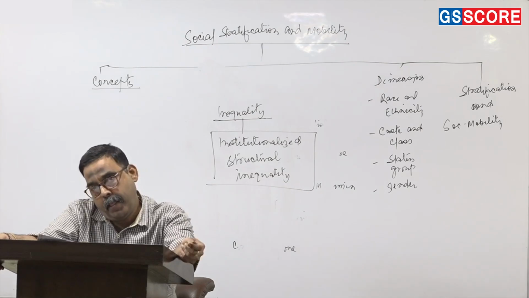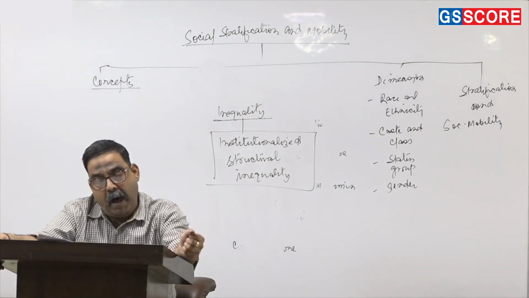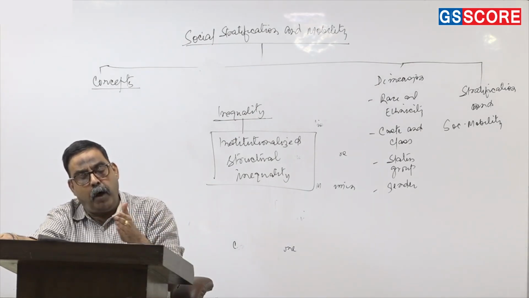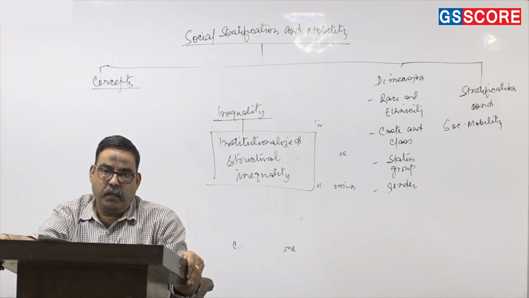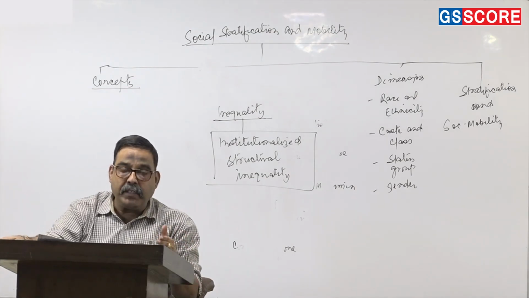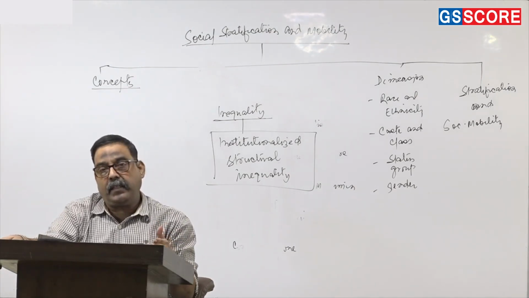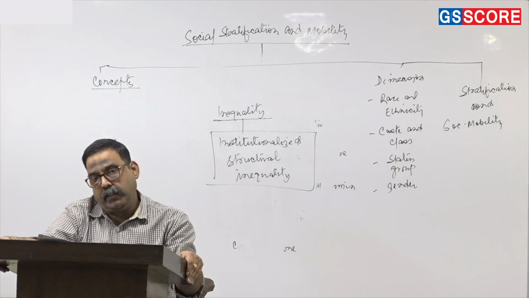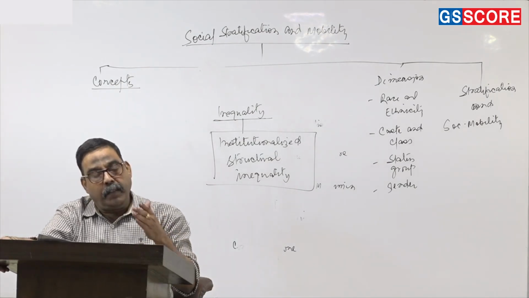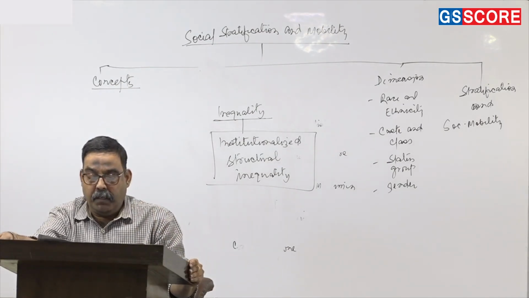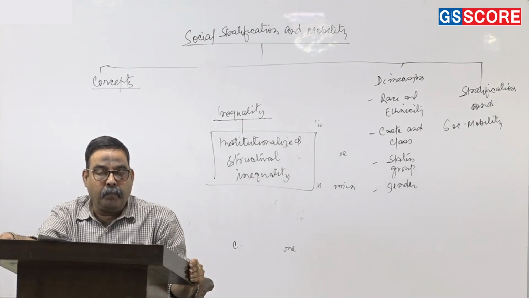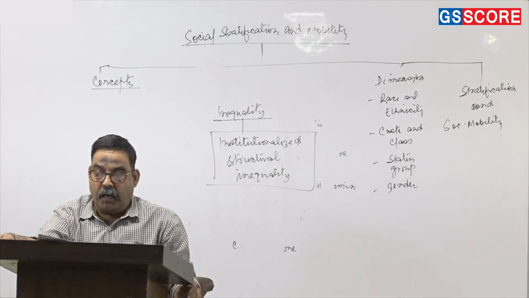And thus Weber moves away from the Marxian analysis. Unlike the unidimensional economic dimension which Marx emphasized, Weber now moves towards a multidimensional analysis in social stratification.